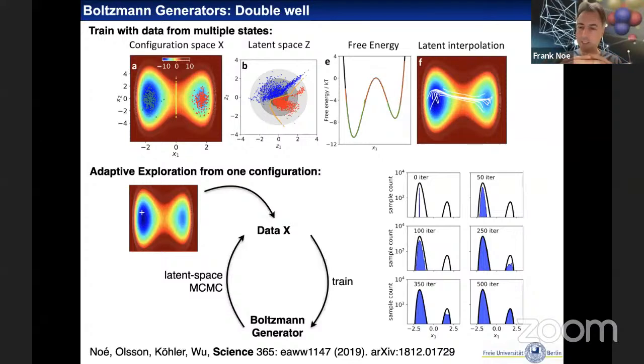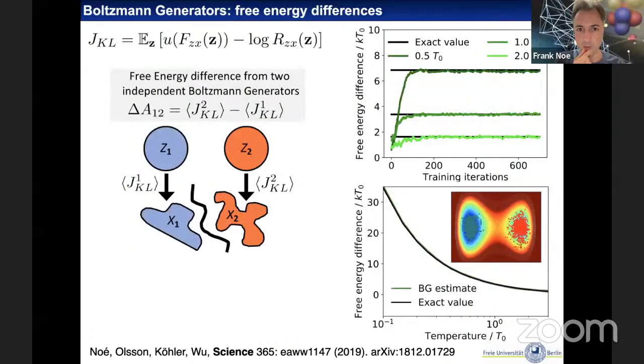That's reorganizing your probability density in a way that you can efficiently sample it with the sampling approach you're taking, right? So that's really where the power of this approach lies.